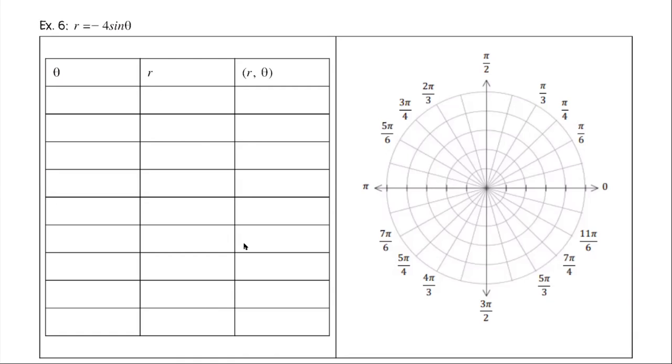It is symmetric about the y-axis. I love it. Okay. And we should know that it's a circle just because it's like an r sine theta.